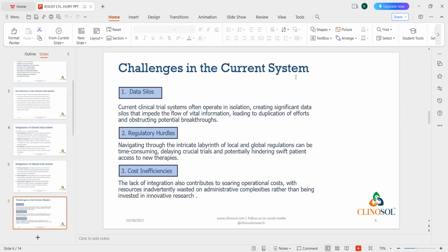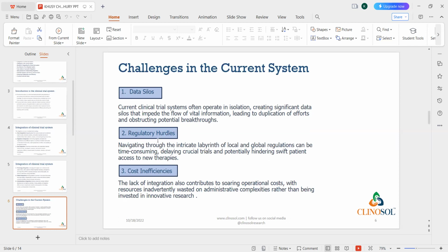Current clinical trial systems often operate in isolation, creating significant data silos that impede the flow of vital information, leading to the duplication of efforts and obstructing potential breakthrough.